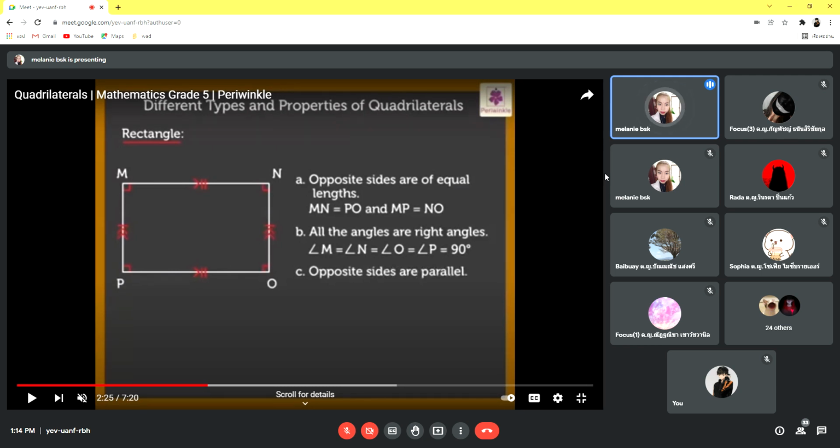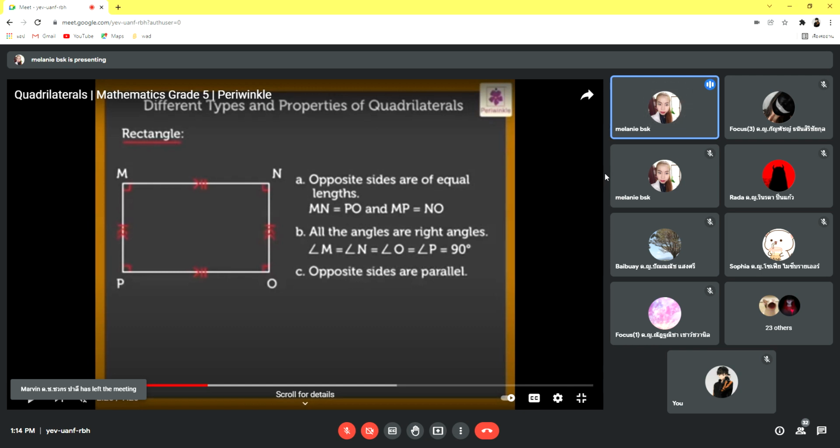Could you please open your books? If no one is raising their hands, everybody understands. Please open your book on page 171. It says here, use the right angles created by folding pieces of paper to measure the angles of each quadrilateral.